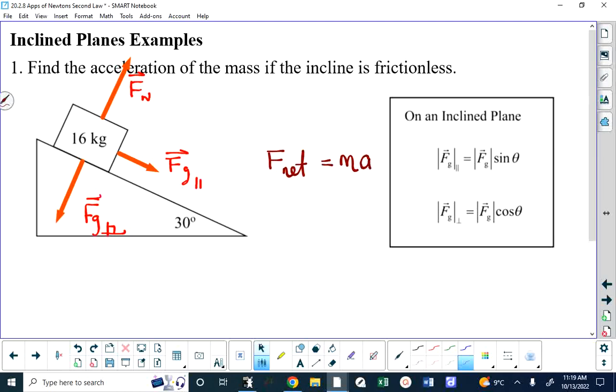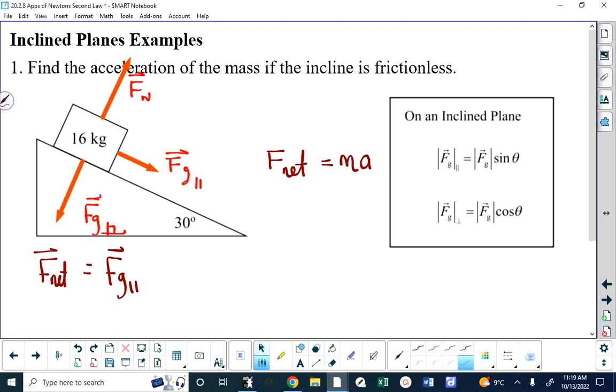I've dropped the vector symbols here because all I'm telling you is that the magnitude of the net force gives you the mass times the magnitude of the acceleration. So you have to look at this diagram and ask, what's the net force? In this question, F net is F G parallel.